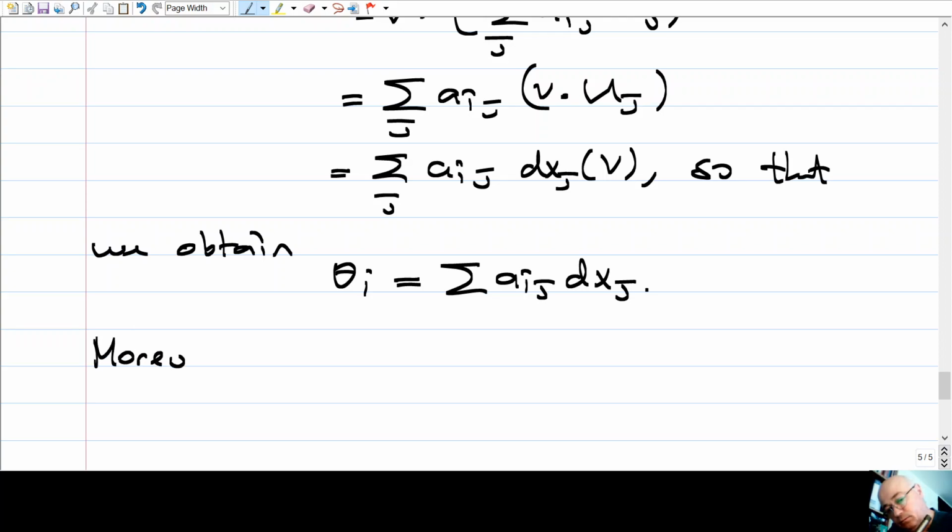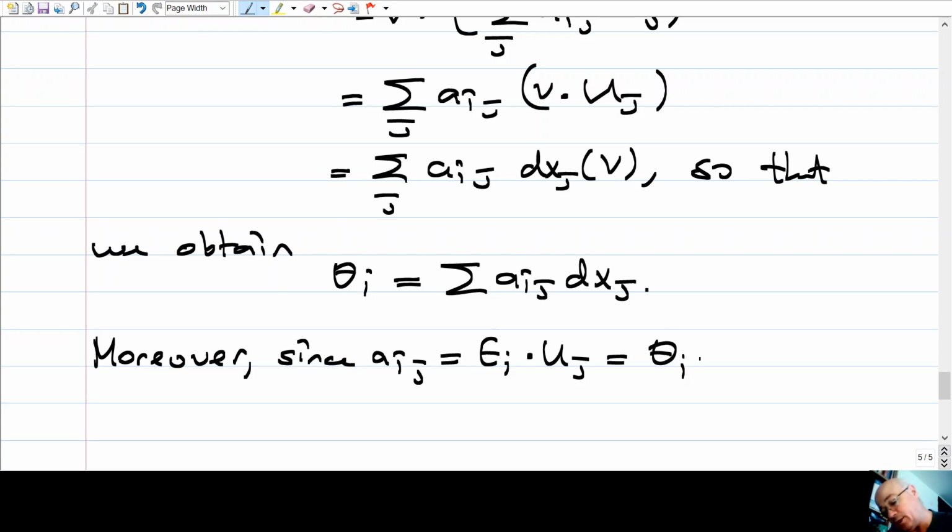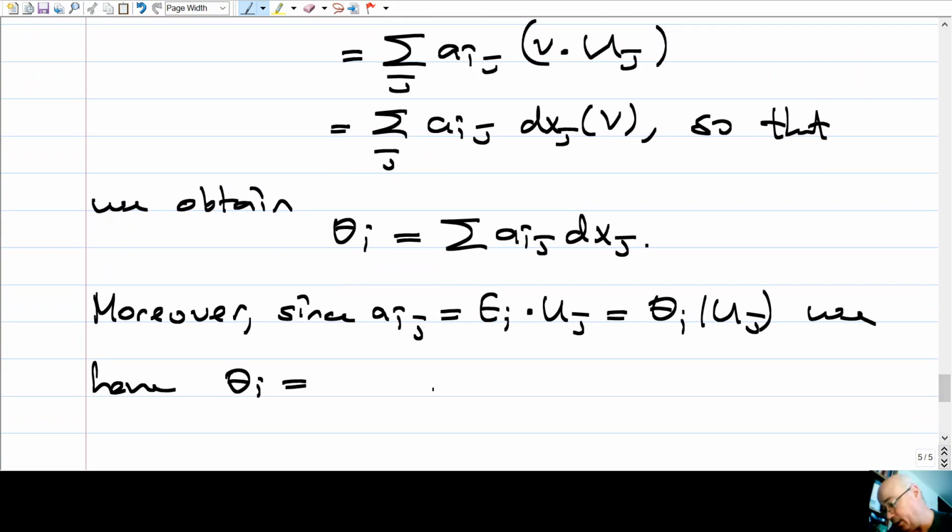Moreover, since aij is equal to ei times uj, which is equal to theta i of uj, we have theta i, so this can be written also like this, summation over j, theta i of uj times dxj. Okay.